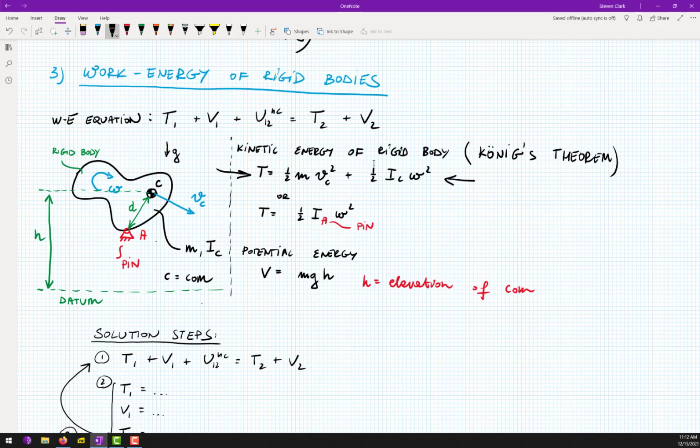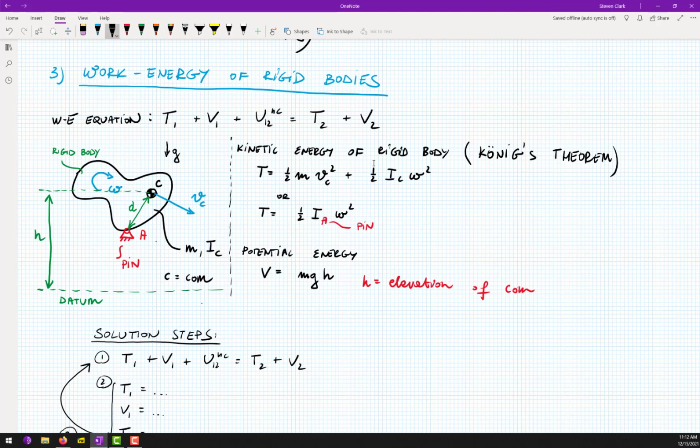Because kinetic energy of rigid body will be equal to 1/2 m Vc squared plus 1/2 Ic omega squared. First of these terms is called linear kinetic energy of the rigid body, and second one is called rotational kinetic energy of rigid body.